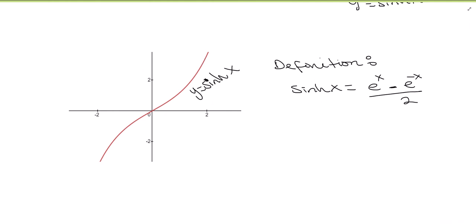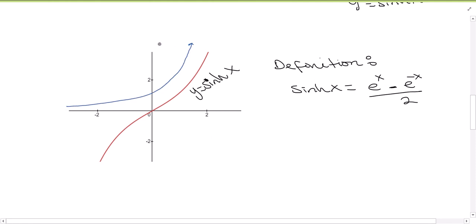And so essentially, if you think about e to the x, that's the function that has a y-intercept of 1. So this is y equals e to the x. And then e to the negative x, or in this case, negative e to the negative x, right? Because I'm going to be subtracting. So think of this as e to the x plus a negative e to the minus x.